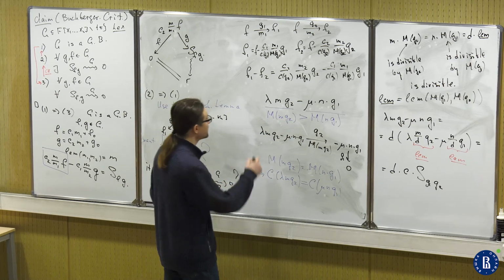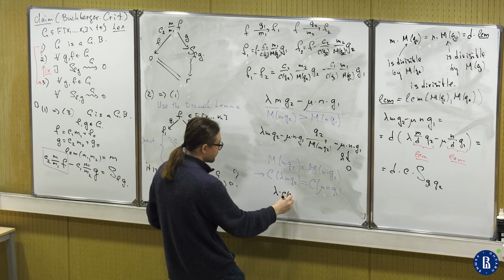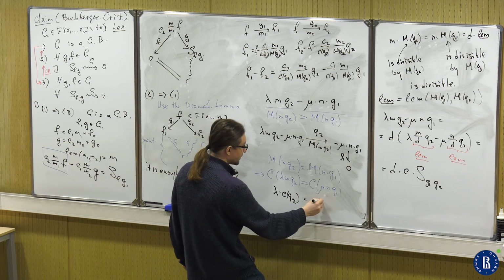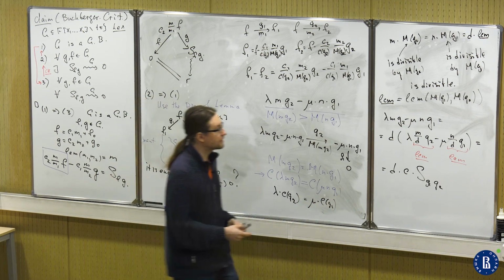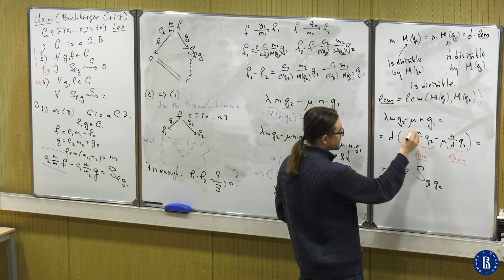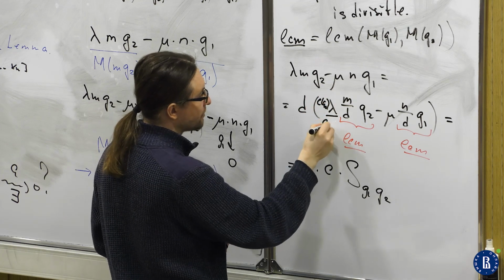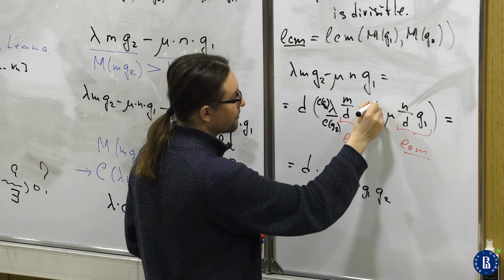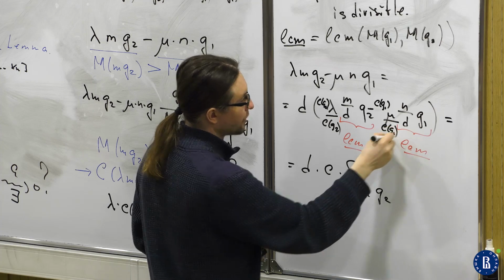Let's write them explicitly. What is the leading coefficient here? It's lambda times C of G2. And this is the same as mu times C of G1. So let's rewrite this as follows. I will multiply this by C of G2 and divide by C of G2, and the same thing here. I will multiply by C of G1 and divide by C of G1.